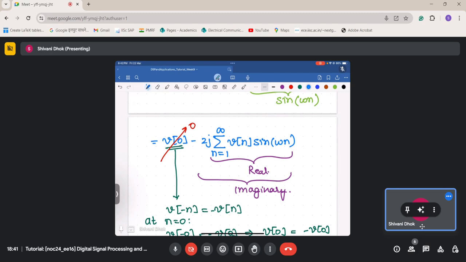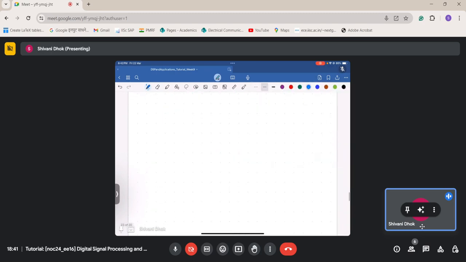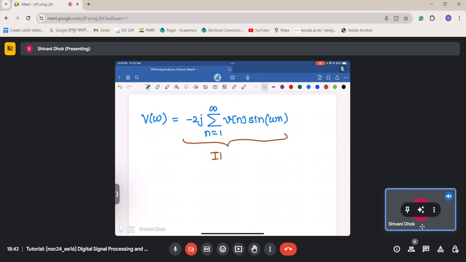So therefore, what we are left with is v of omega equal to minus 2j summation n running from 1 to infinity v of n into sine of omega n, and we observe that this part is imaginary, which means that if v of n is odd, then v of omega is purely imaginary.